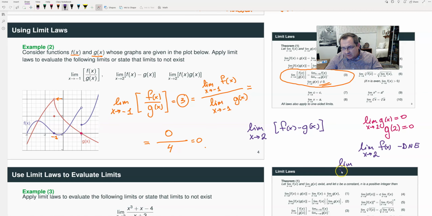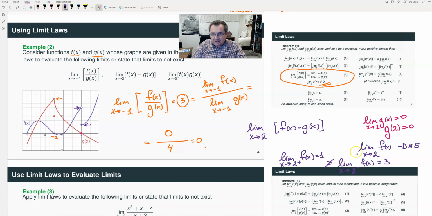So the limit as x is approaching 2 from the left of function f is equal to 3, approaching from here. And the limit as x is approaching 2 from the right for function f of x is equal to 1. Left limit is not equal to the right limit, therefore the limit does not exist in general.